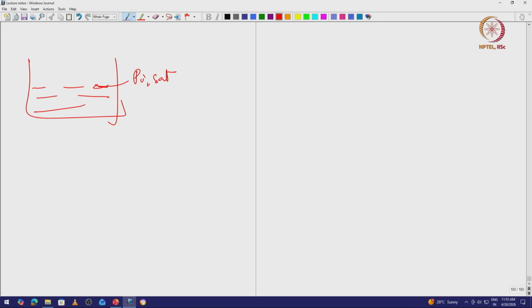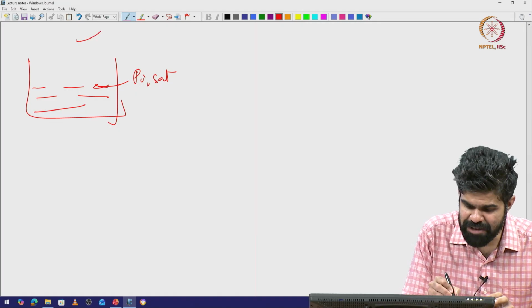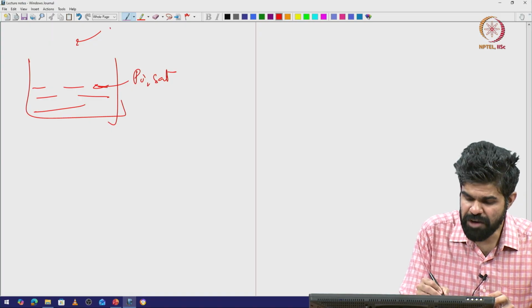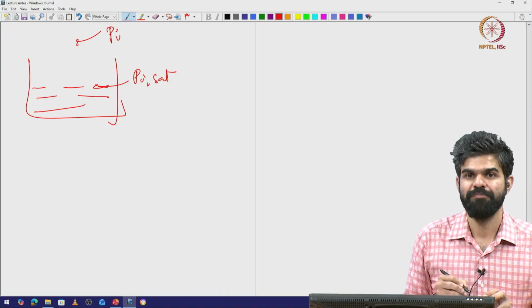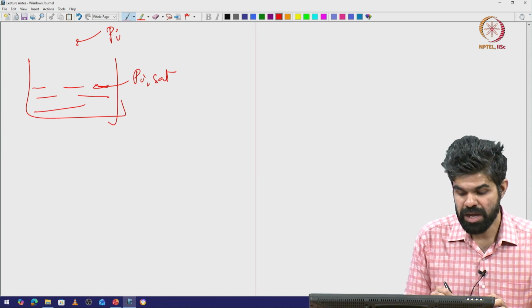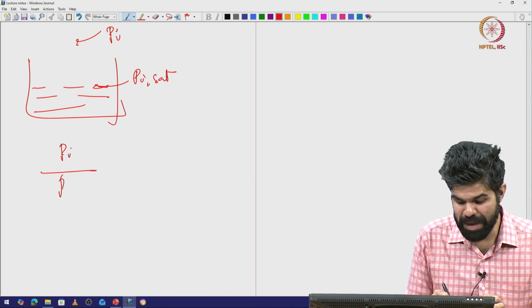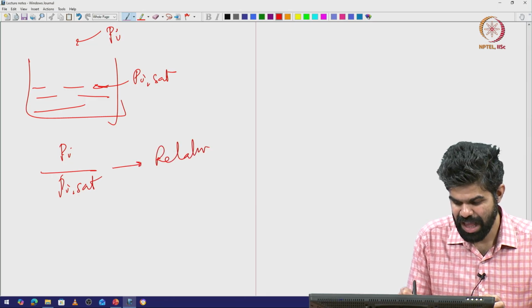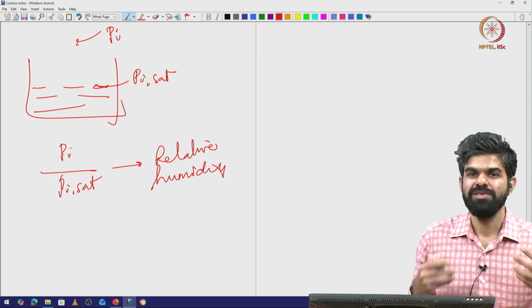So they are nice and in good equilibrium here, whereas somewhere far away the atmosphere has a water vapor pressure of Pi. So this is the Pi, which is the water vapor pressure of the atmosphere. Now, this Pi divided by Pi sat is called the relative humidity, right.